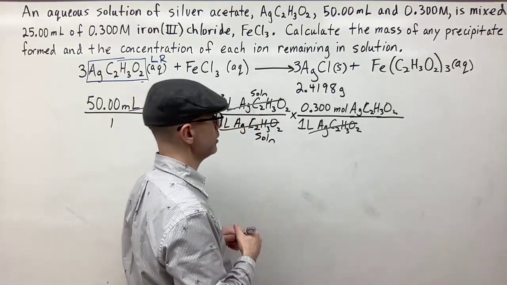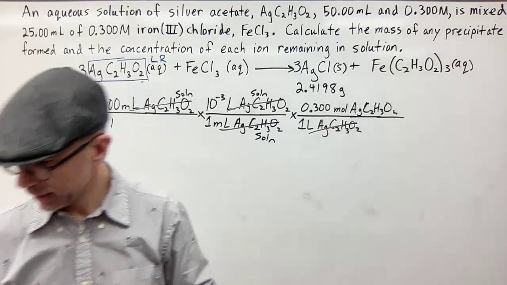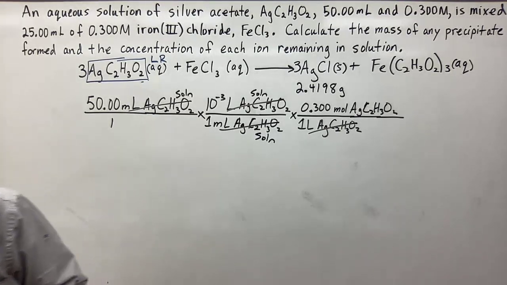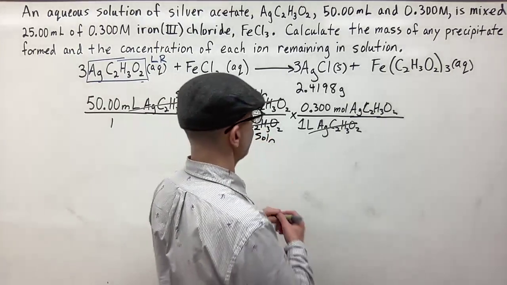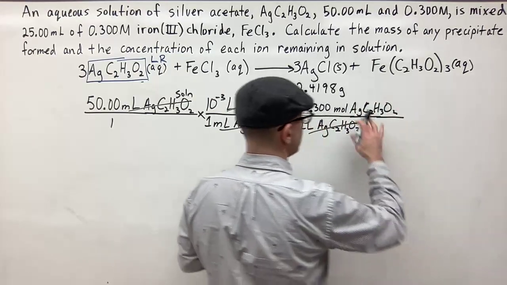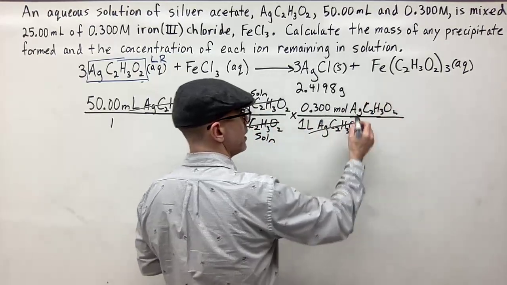When we do that, we calculate 0.015 moles of the solution. But we can also calculate this for the silver ion or the acetate ion.